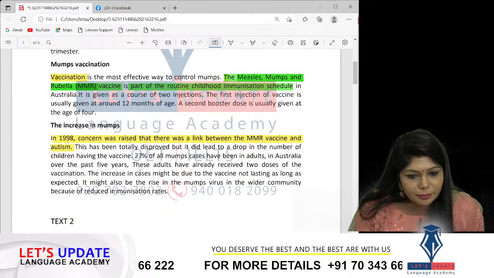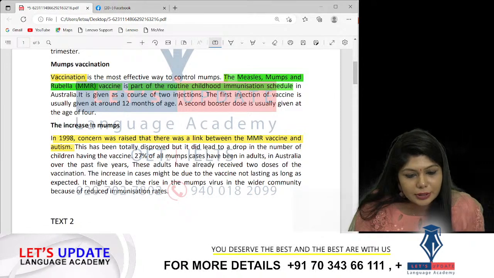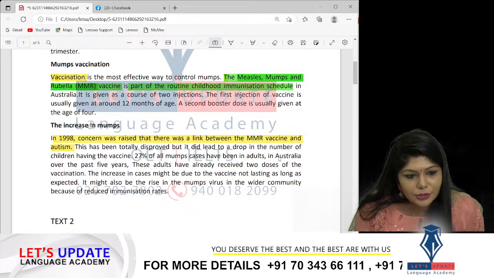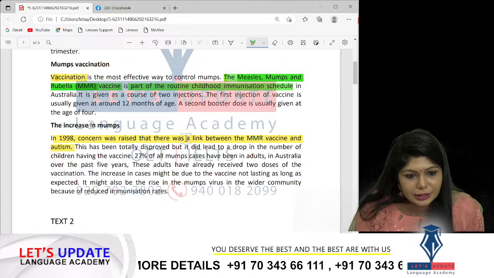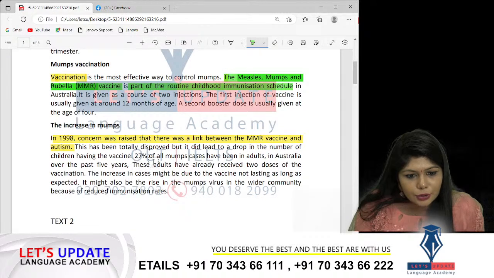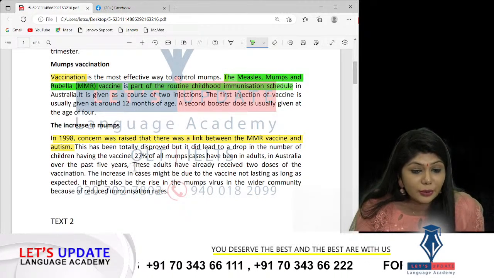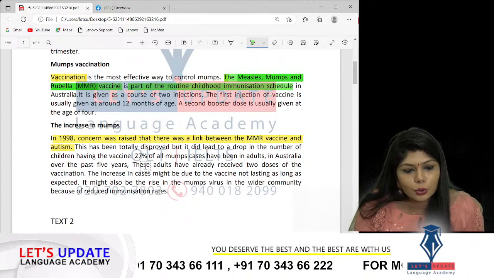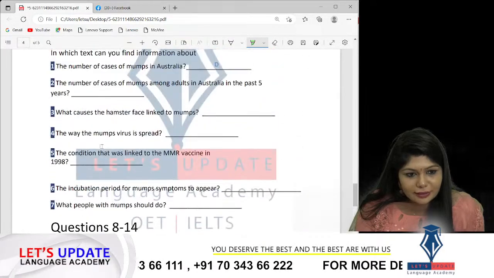Here we have this information about adults, right? 27% of all mumps cases have been adults in Australia over the past 5 years. That is under the increase in mumps subheading. So this is from text 1 or text A. So we'll fill in with that.